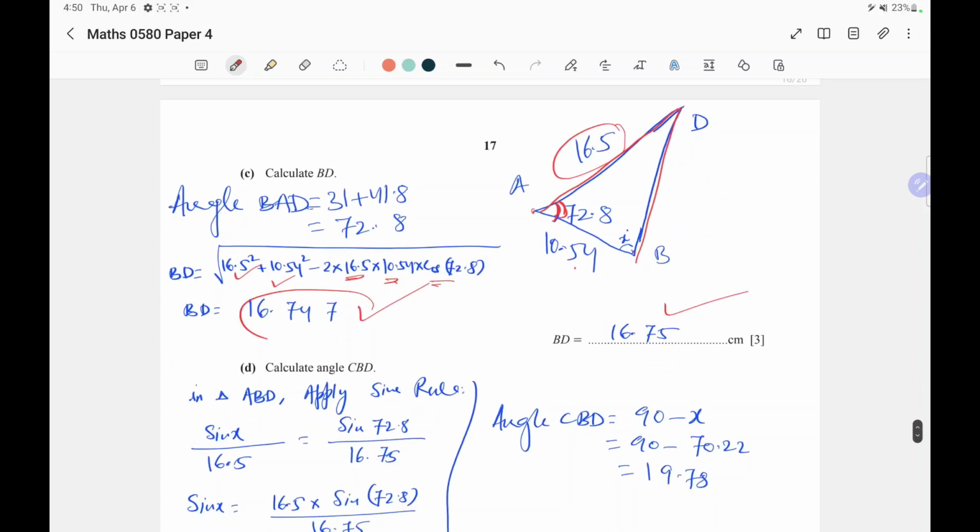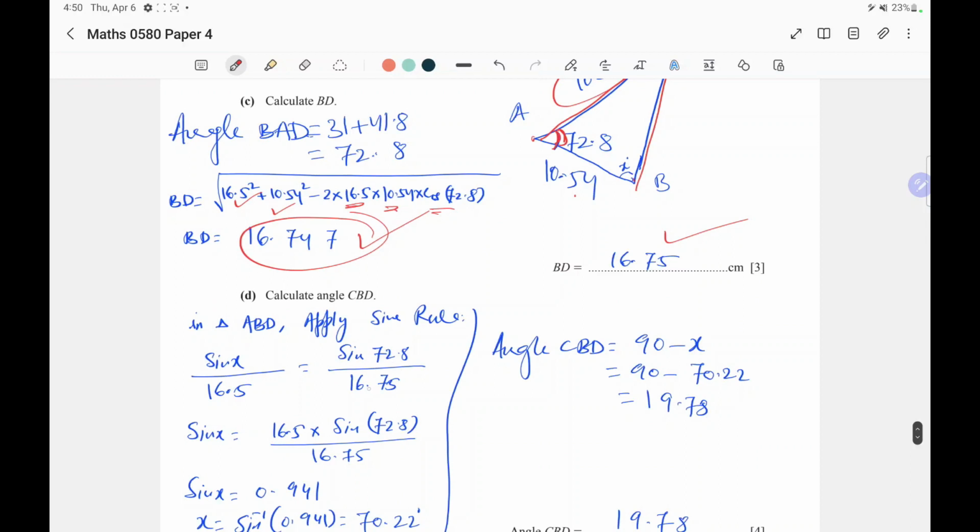BD length I already have: sine 72.8 over BD length 16.75. Now, take the 16.5 over here. Sine x equals 16.5 times this over this.